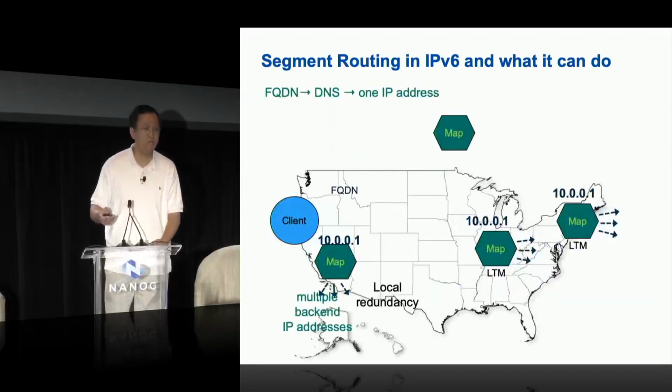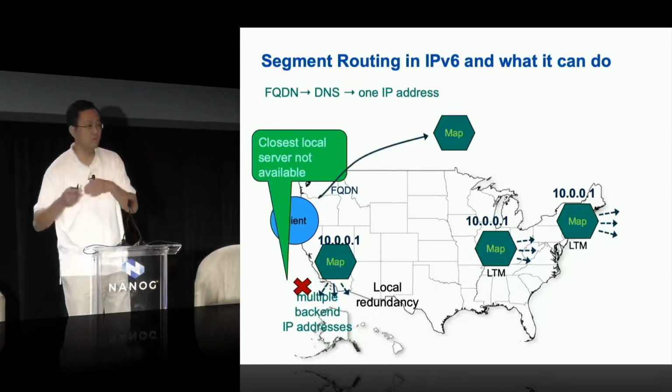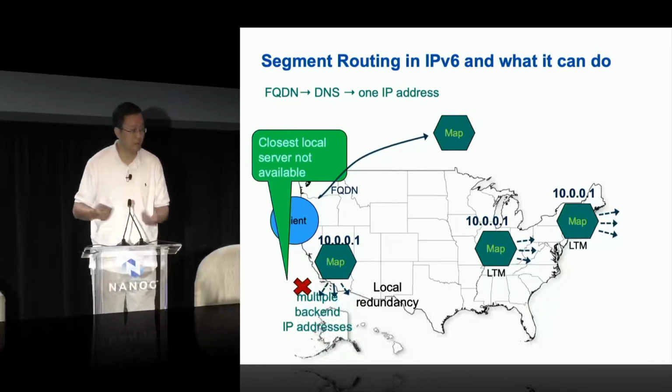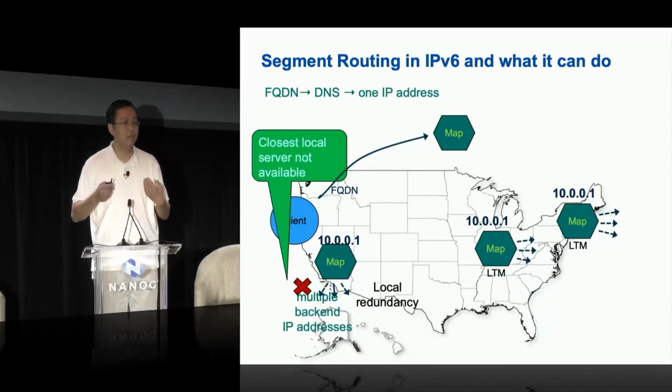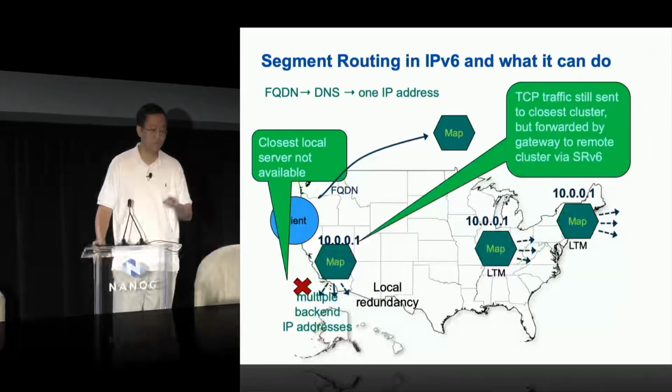So how would that work? Say the same scenario, the local backend server goes down, it's no longer available. The client request goes to look for the IP address, but because our gateways are still up in that locality, the packet will still be forwarded to the closest, or say, the result of the Anycast route.